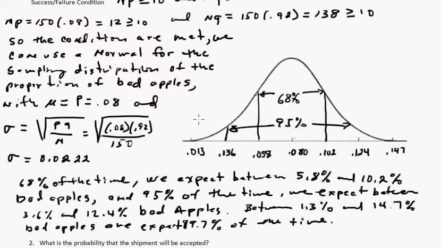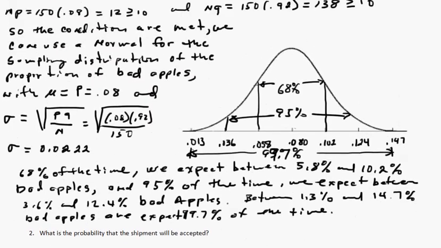Okay, we don't really have room, but maybe down here. I did it wrong. 99.7% of the time. Okay, three standard deviations in both directions.